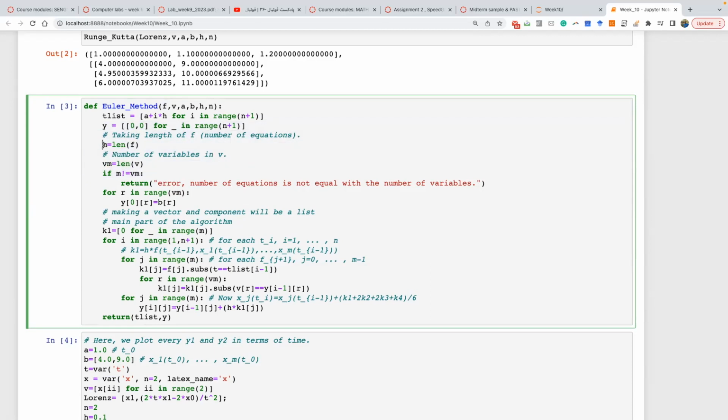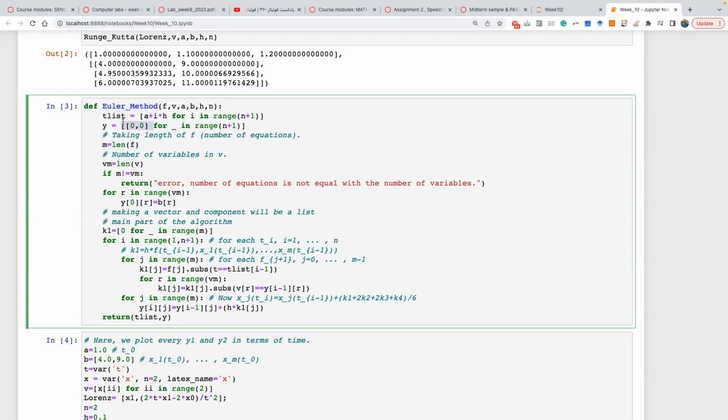M is the length of F, and F is the right hand side, x prime, y prime equals F. Since we have 2 equations, the initial one is 0, 0 as well, like Z1, Z2.